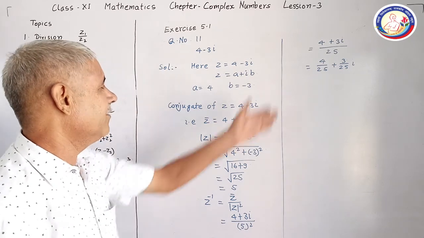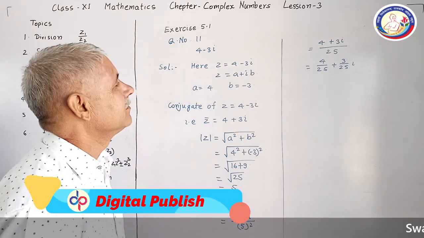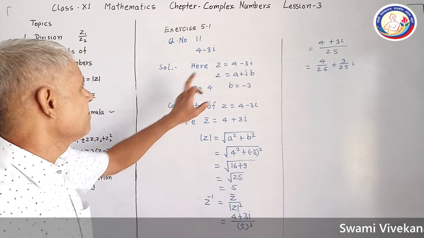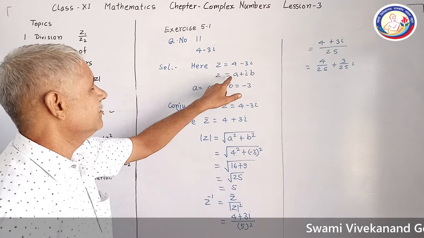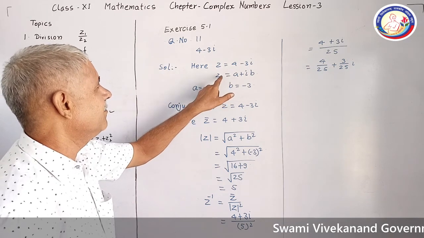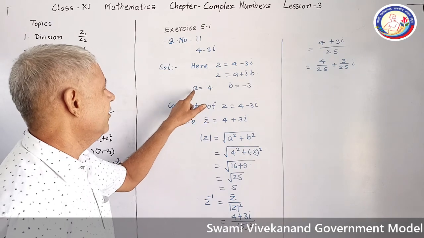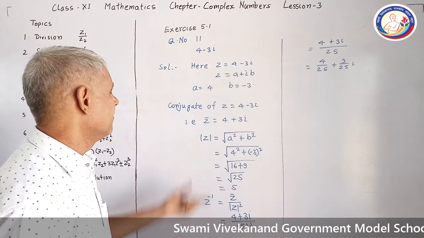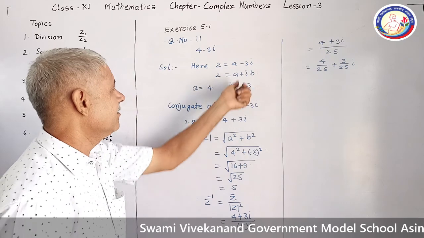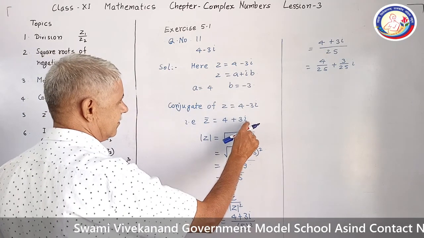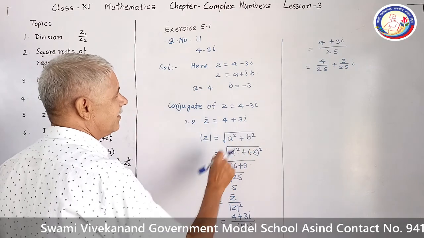So in this way we can find the inverse of a given number. First of all, compare this with the general complex number a plus ιb. Find out the values of a and b. Find the conjugate of this number: reverse the sign of the imaginary part.